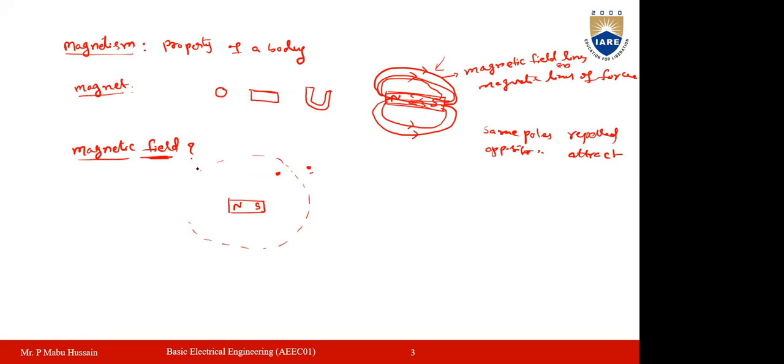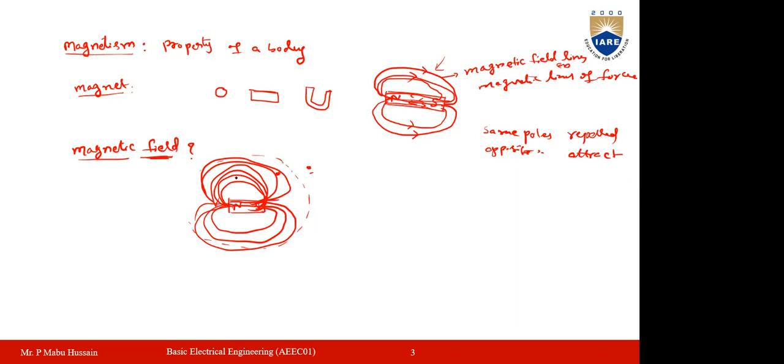Now this magnetic field is represented with lines of force. These lines of force are distributed up to that space. Inside, the lines go from south to north, and on the outside from north to south, like this. So the space around the magnet up to which the influence of the magnet is there, you can call the magnetic field.